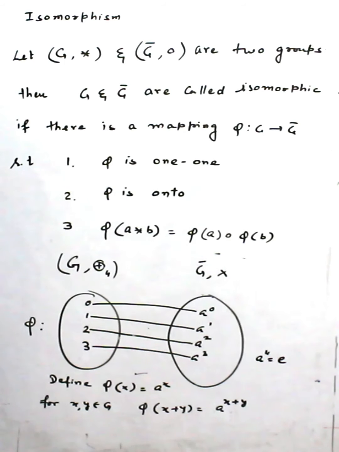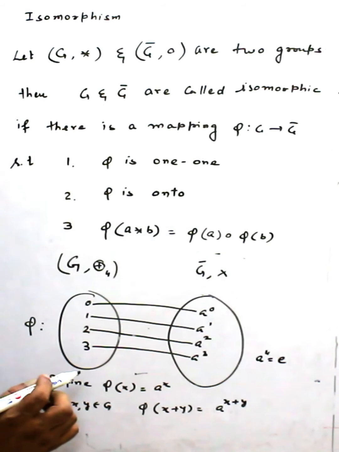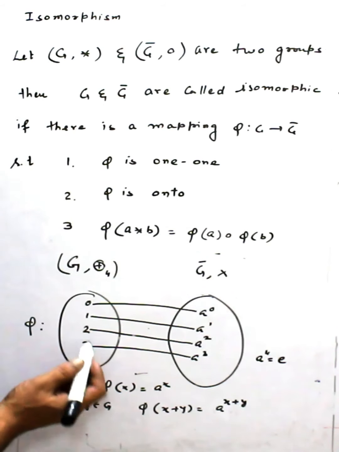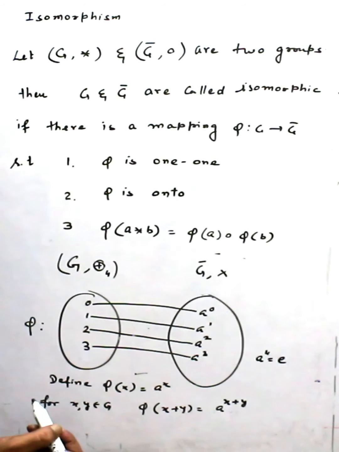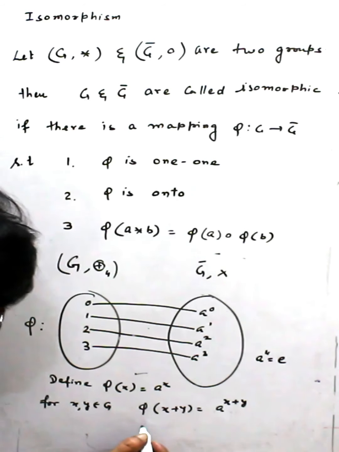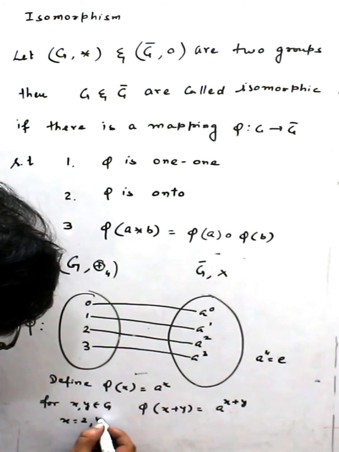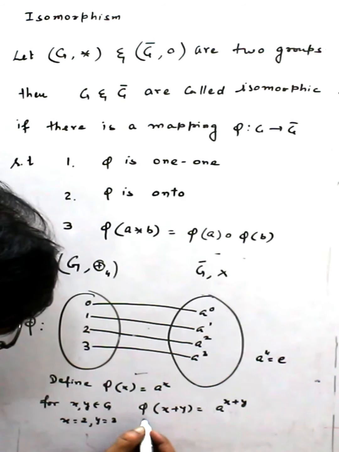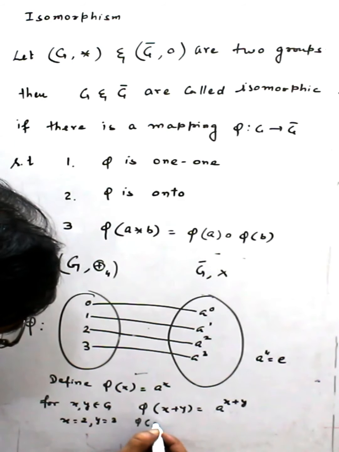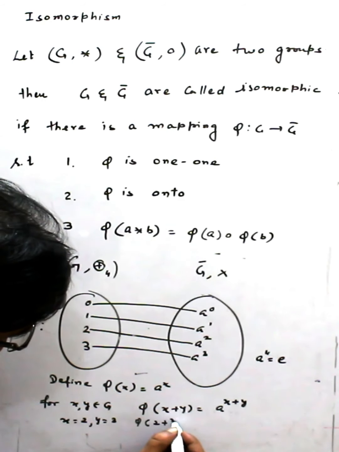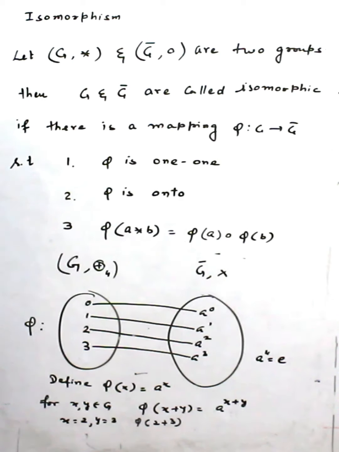With this definition, now take any two values. If I take x equal to 2, y equal to 3, what happens? If x is equal to 2, y is equal to 3, then phi(2 + 3), that is 5.